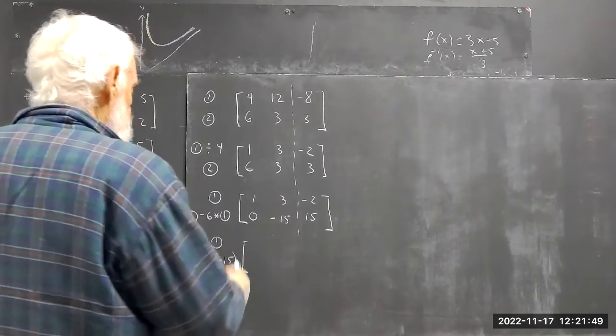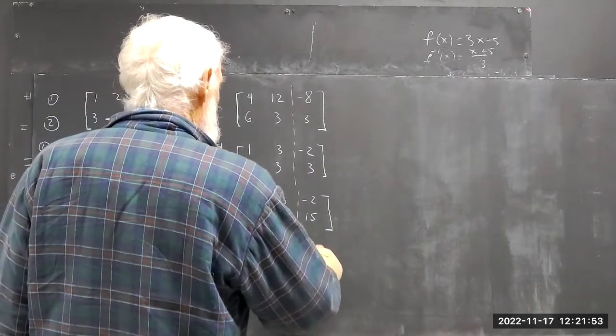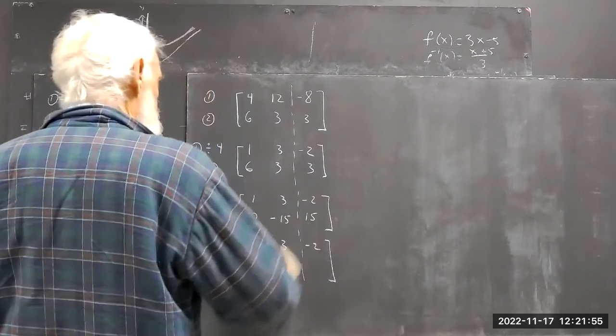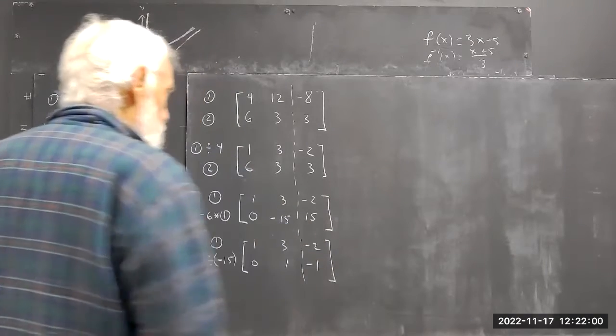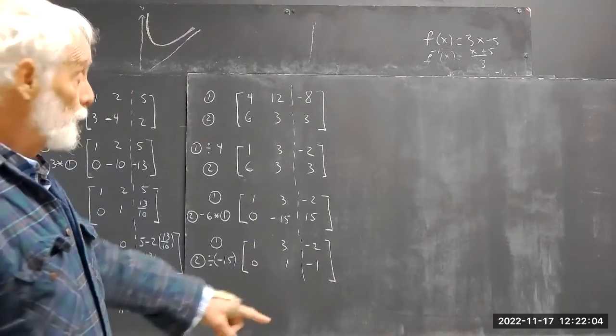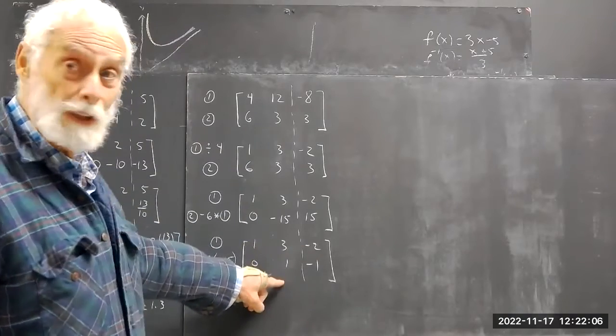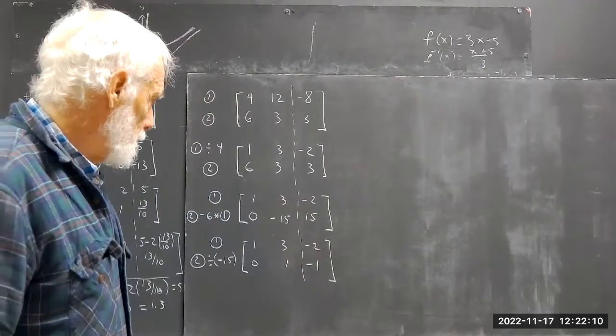I've got 1, 3, -2, because I'm not messing with row 1 right now, and I get 0, 1, -1. If I divide -15 by -15, I get 1. That's why I divided by -15, so I would get 1. And then when I divide 15 by -15, I get -1.